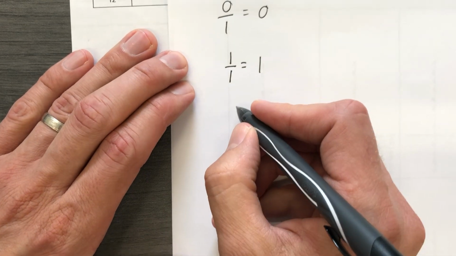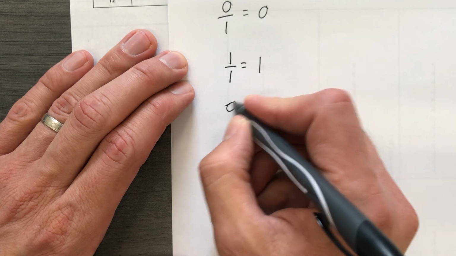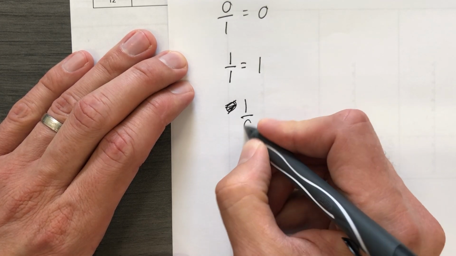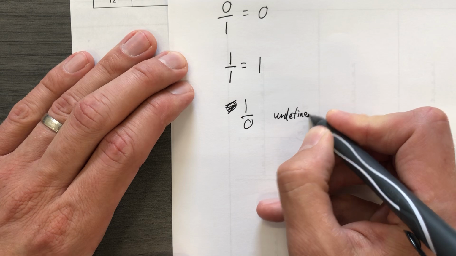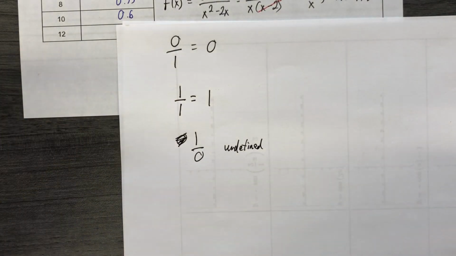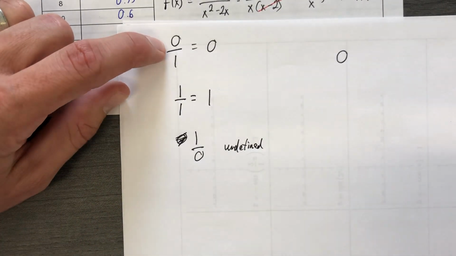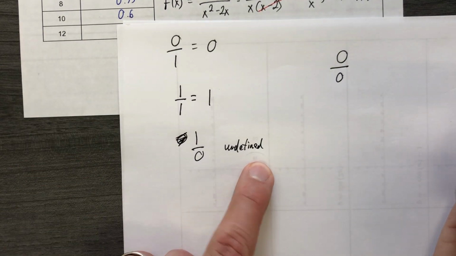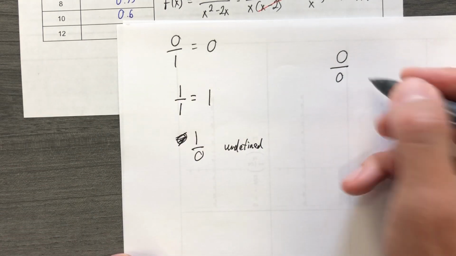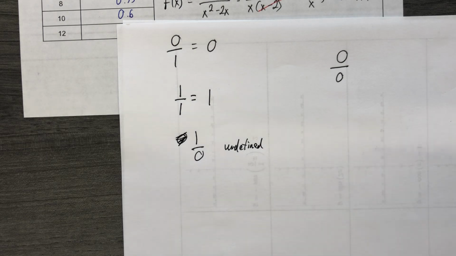And then something divided by 0 is undefined. So now we're in this situation where we have a 0 in the numerator and we should get 0. We have a 0 in the denominator and we should get undefined. And we have something divided by itself and we should get 1. So what is it? Good luck with that.